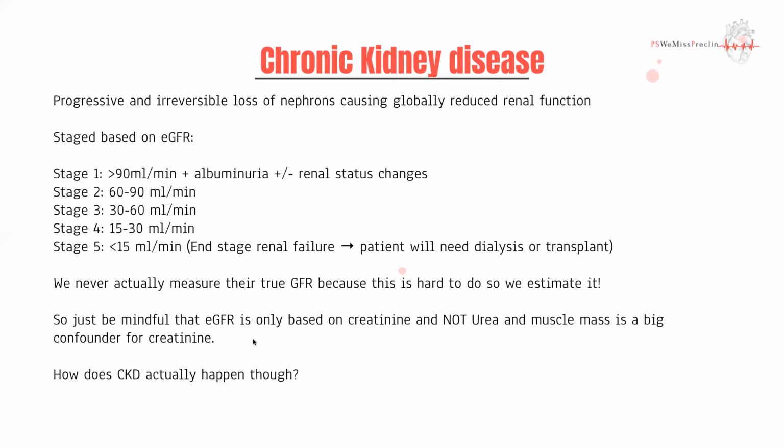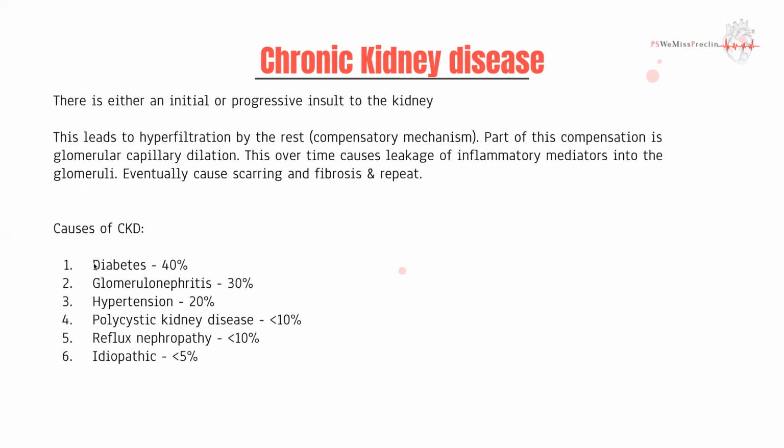So how does CKD actually happen? We know a few causes, and the causes are here as well, but what's actually going on? In most of the cases, you have an initial insult to the kidney, right? So something's happened that's damaged the kidney from the early onset. What this often then leads to is a reflexive compensatory hyperfiltration.